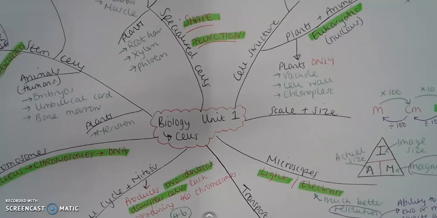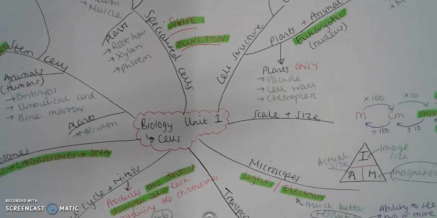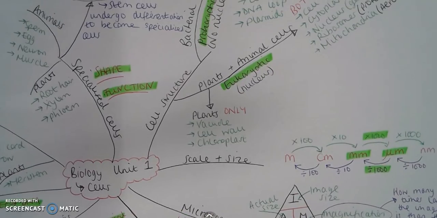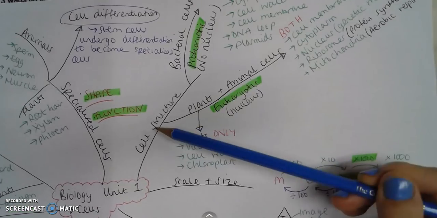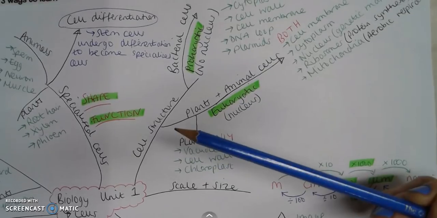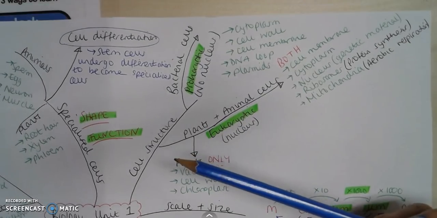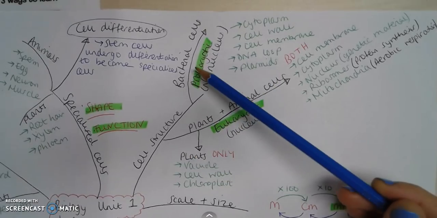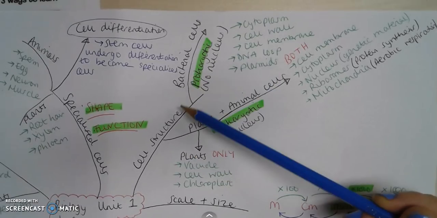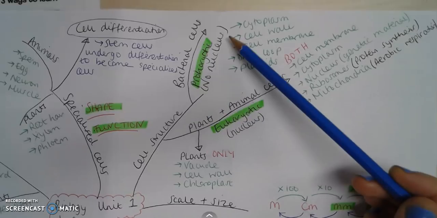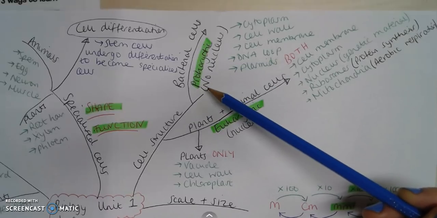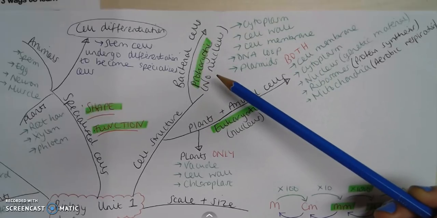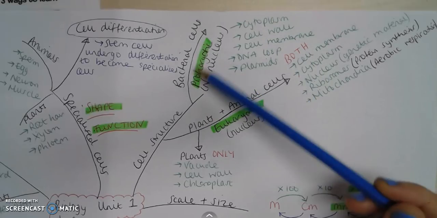So if we start off then with cells, the basic building blocks that build up all living things. Looking at cell structure, there are two types of cells that we need to know about for the GCSE course, and those can be broken down into prokaryotic cells, which are the ones that contain no nucleus, and instead tend to have either a single DNA loop or a plasmid, and those are your typical bacterial cells.